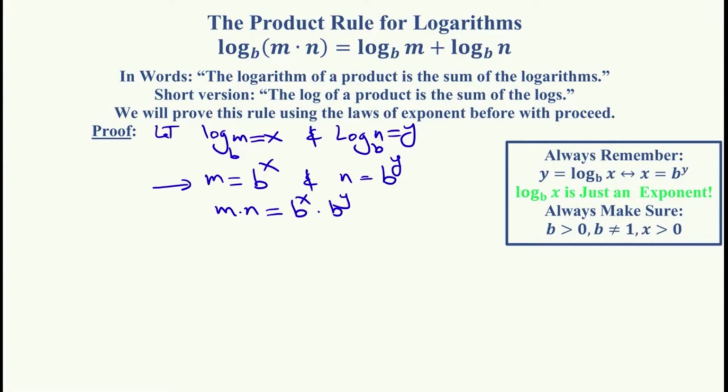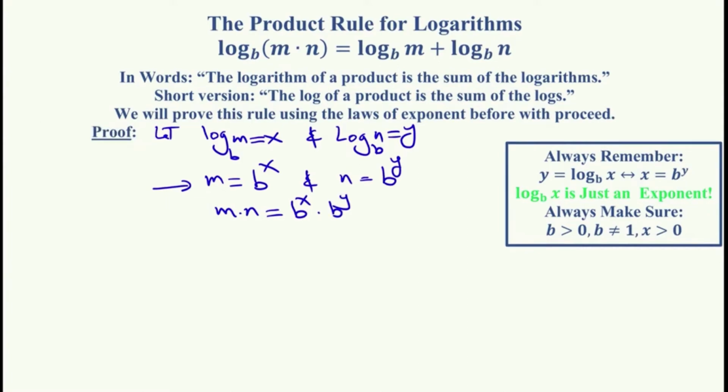Now, if I just go ahead and use the laws of exponents, this screen is acting a little funny. Okay, here we go. So if we go ahead and apply the laws of exponents, we get mn equals b to the, we're going to use the product rule here to give us b to the x plus y.